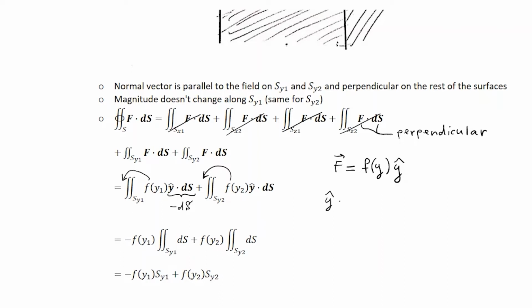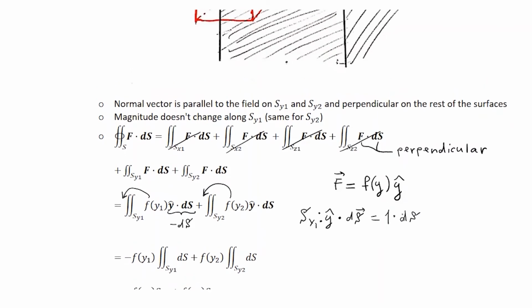Y hat dotted with the vector ds, this would be for the surface SY1, is equal to the magnitude of y hat, which is 1, times the magnitude of ds, which is this ds, times the cosine of the angle between the two.